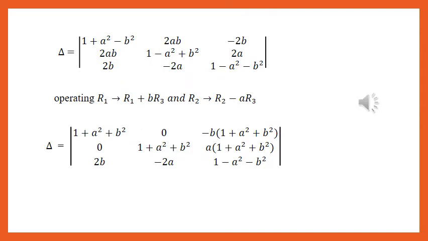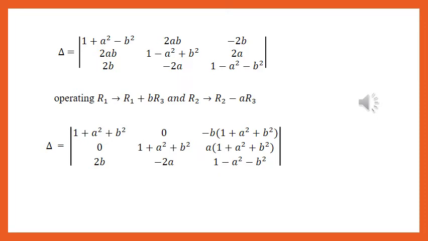To get 1 + a² + b² as the factor, one of the operations you can do is R1 changed to R1 + b·R3, which means R3 elements multiplied by b.